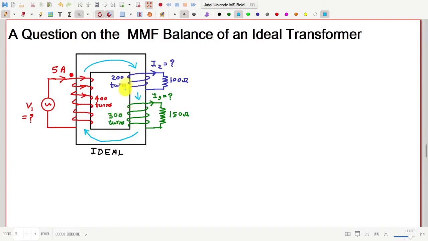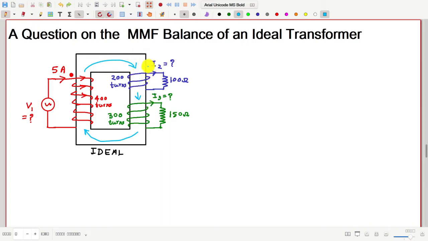Now consider the second coil. How should the current flow through the second coil to produce a flux in the same clockwise direction? We need the current to flow in this direction. That means current should enter through the upper end of this coil to have clockwise flux.